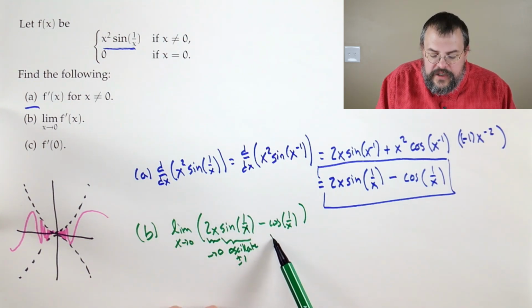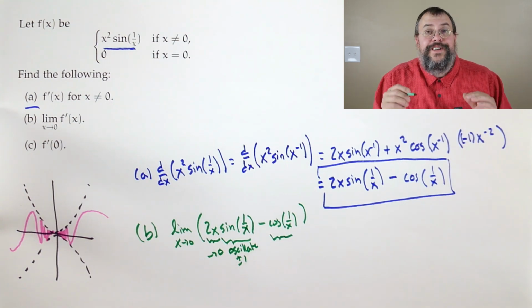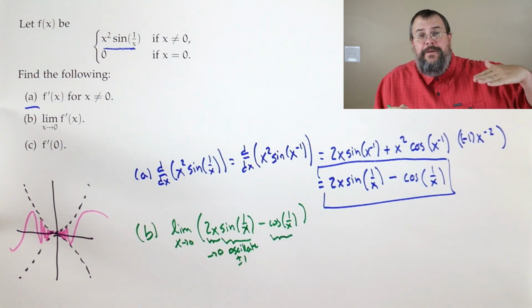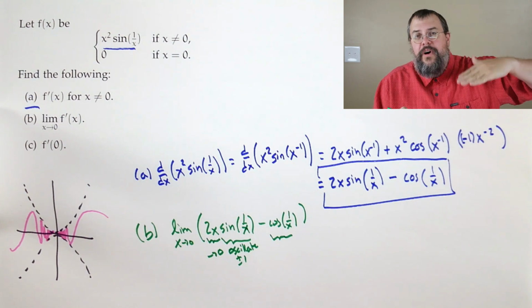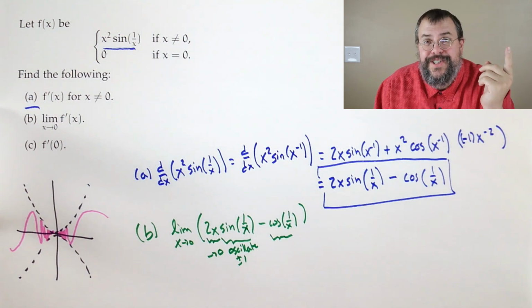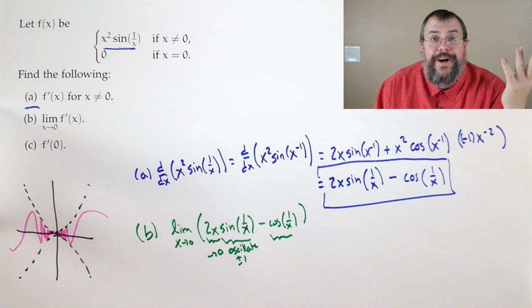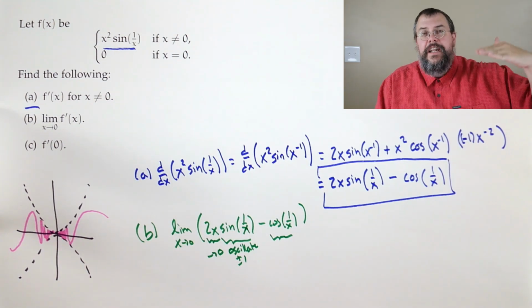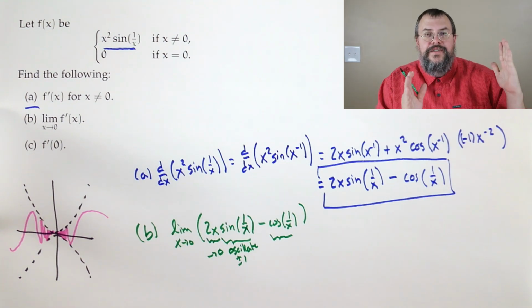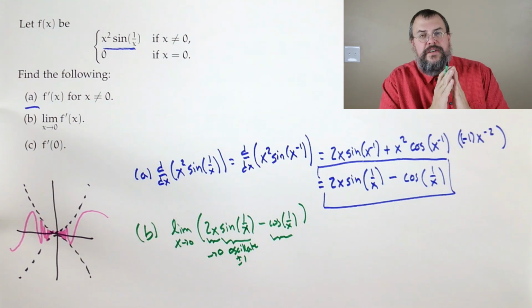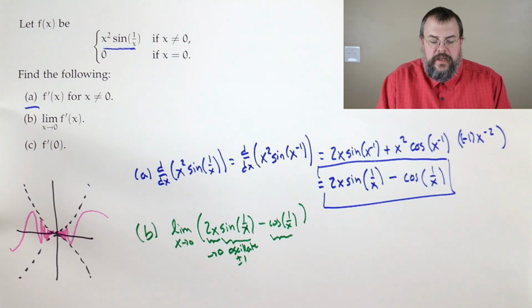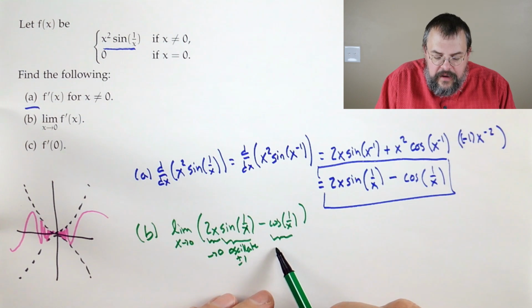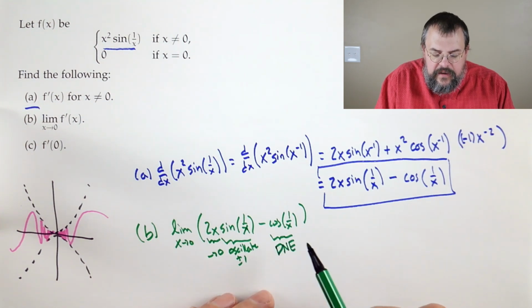What about cosine of 1 over x? What does that do? Now, sine 1 over x, we said, oscillates more and more. But what about cosine? Maybe it co-oscillates. Well, actually, it just does the same thing. It's still trying to get infinitely many up and down patterns inside the cosine, squeezed in between minus 1 and 1. So this does not exist.